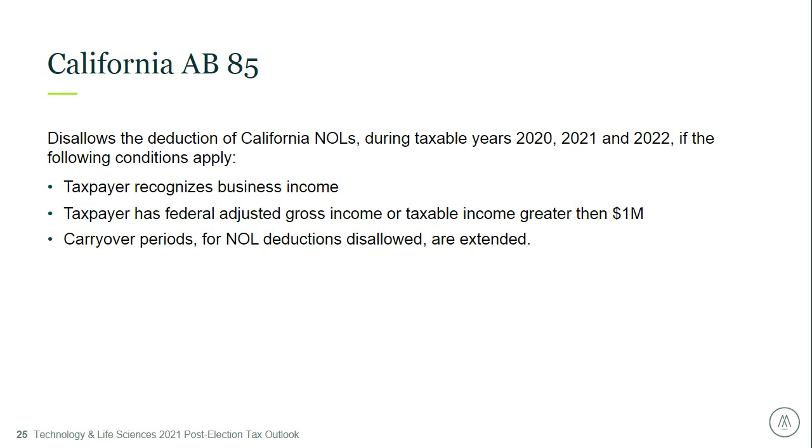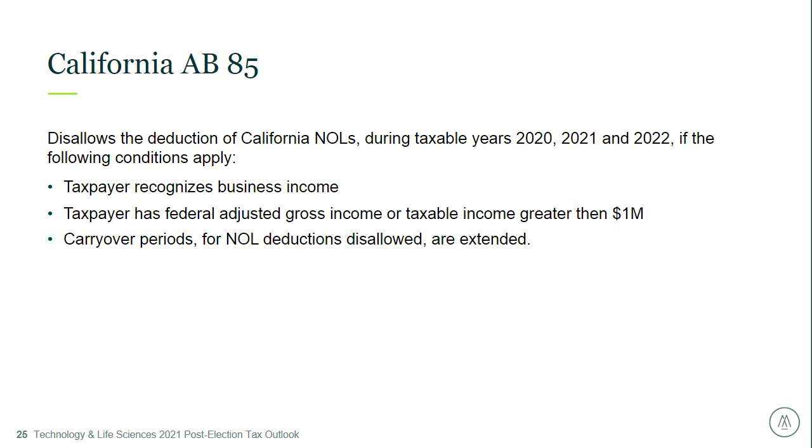I also wanted to touch on California AB 85. That was legislation that was passed by Governor Newsom earlier in the year. And I think there are really two impactful provisions contained in this particular piece of legislation.